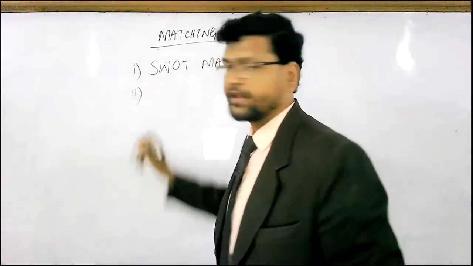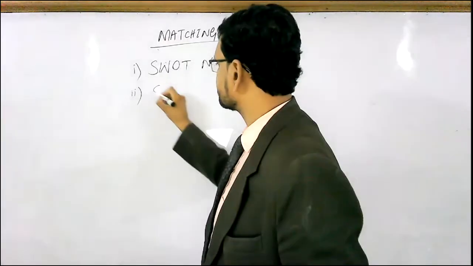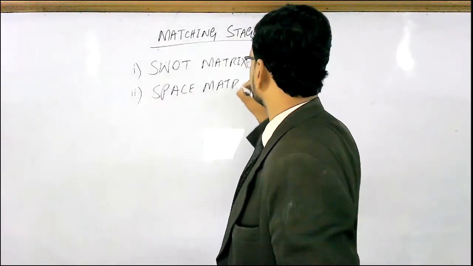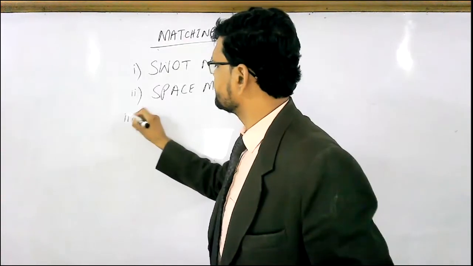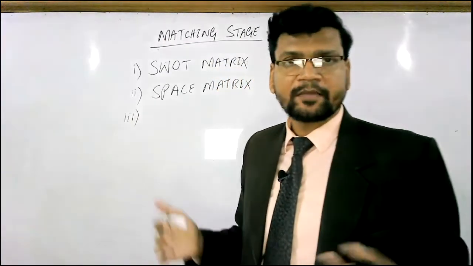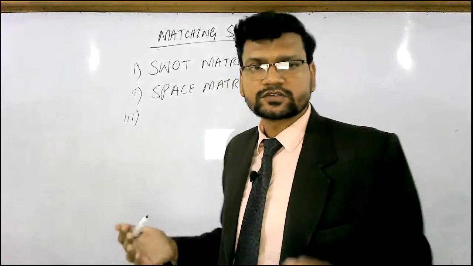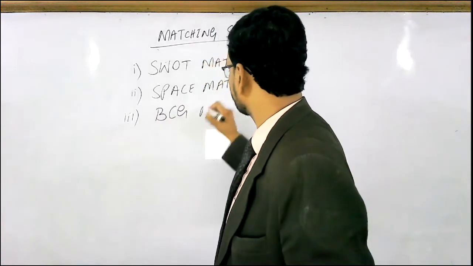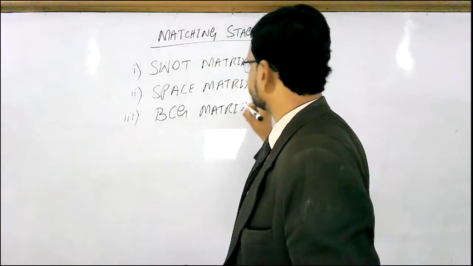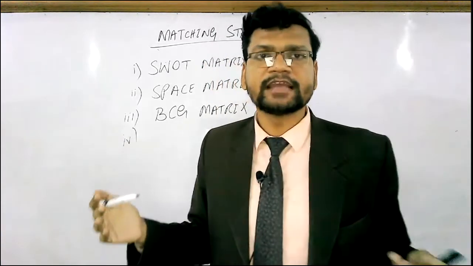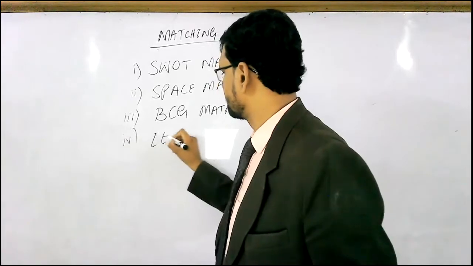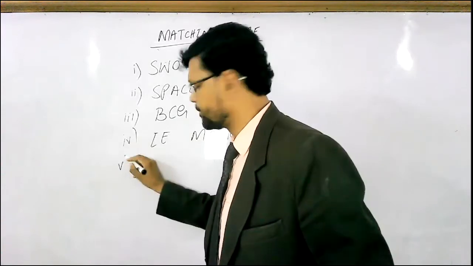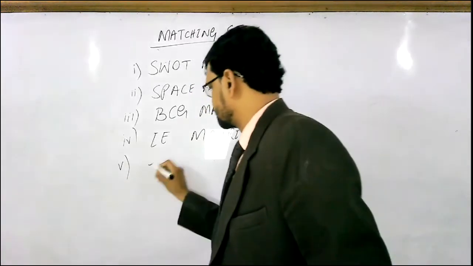Number two, we have the SPACE matrix, and we will see individually what the SWOT and the SPACE are. Number three, we have the BCG matrix, also called the Boston Consulting Group matrix. Number four, we have the IE matrix. And number five, the grand strategy matrix.